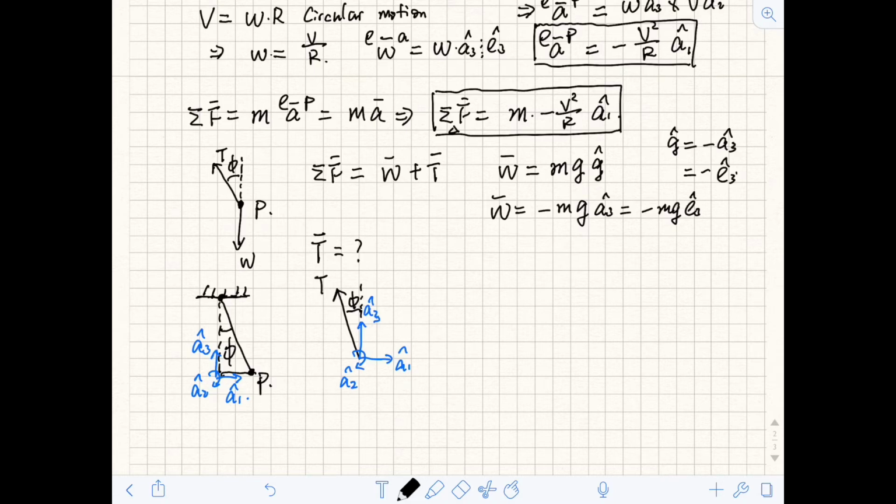So the tension T has a magnitude of T times cosine the angle between A1 and T in the A1 direction, plus the magnitude of, let's use cosine, phi in the A3 direction.